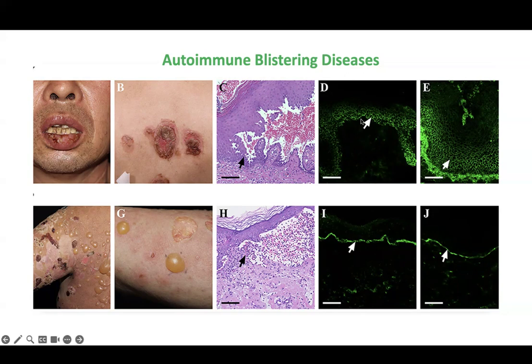For example, if the deposition is mainly IgA, we think about IgA pemphigus, which is a variant of pemphigus. If it's C3 and IgG, we think about pemphigus vulgaris.